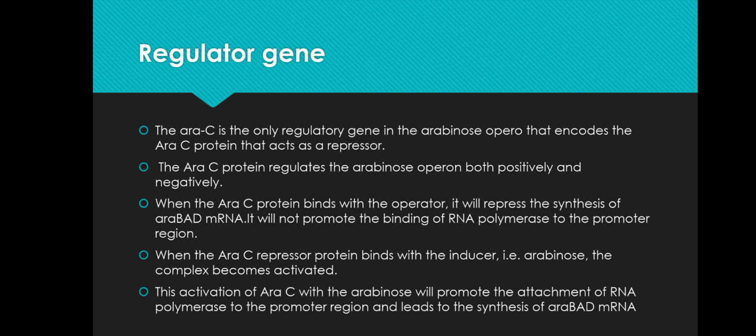It will not promote the binding of RNA polymerase to the promoter region. If RAC repressor protein binds to the inducer, then the arabinose complex becomes activated. The activated RAC with the arabinose will promote the attachment of RNA polymerase to the promoter site and which helps in synthesizing RBAD mRNA.